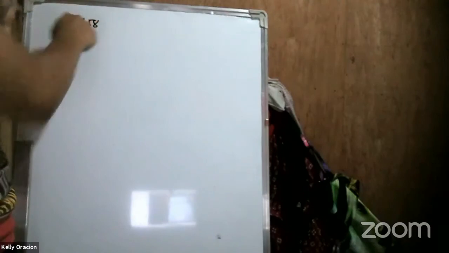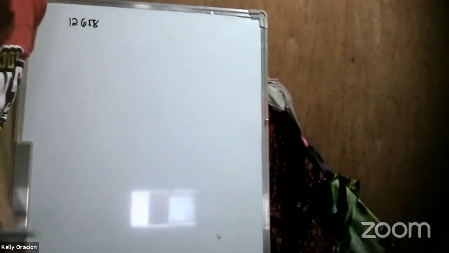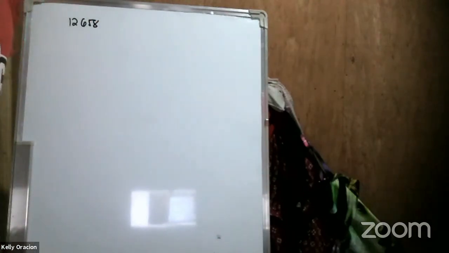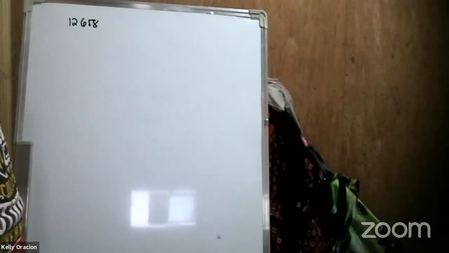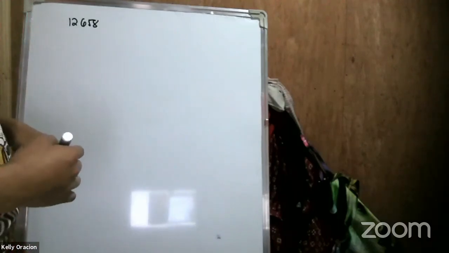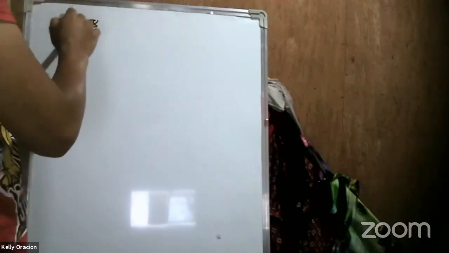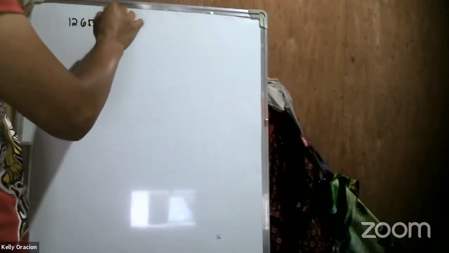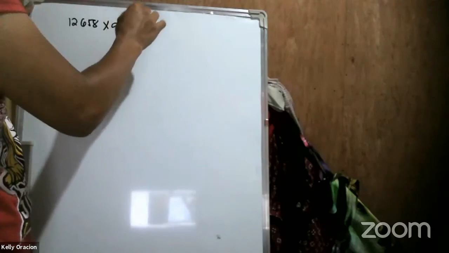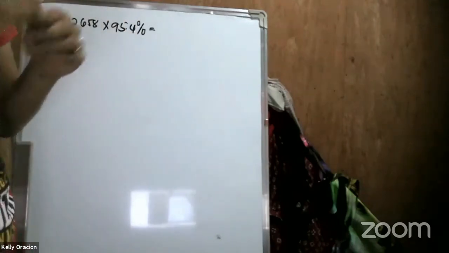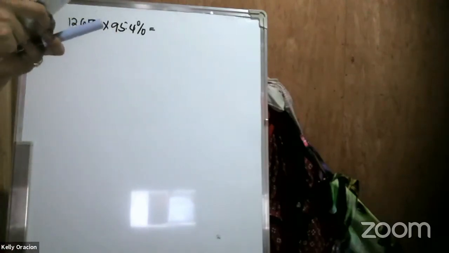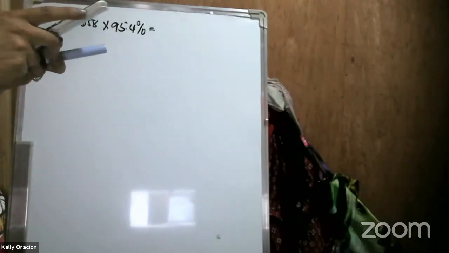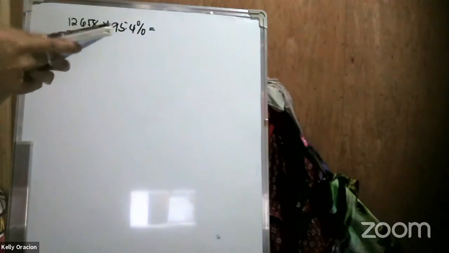Ayan. 12,658. What is the value of 2 standard deviations, class? What percent? 5.44%, 95.4%. So, you multiply it by 95.4%. Will you answer, class?